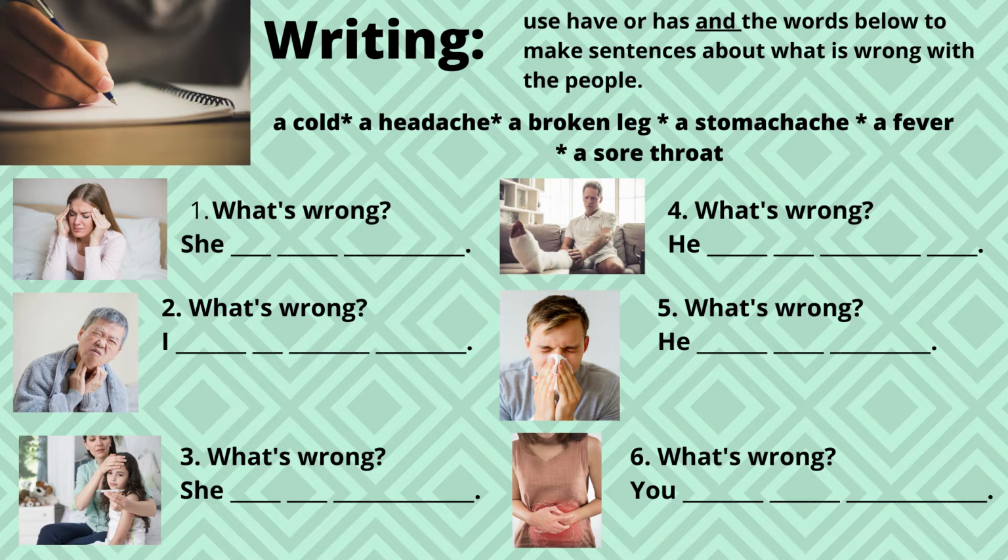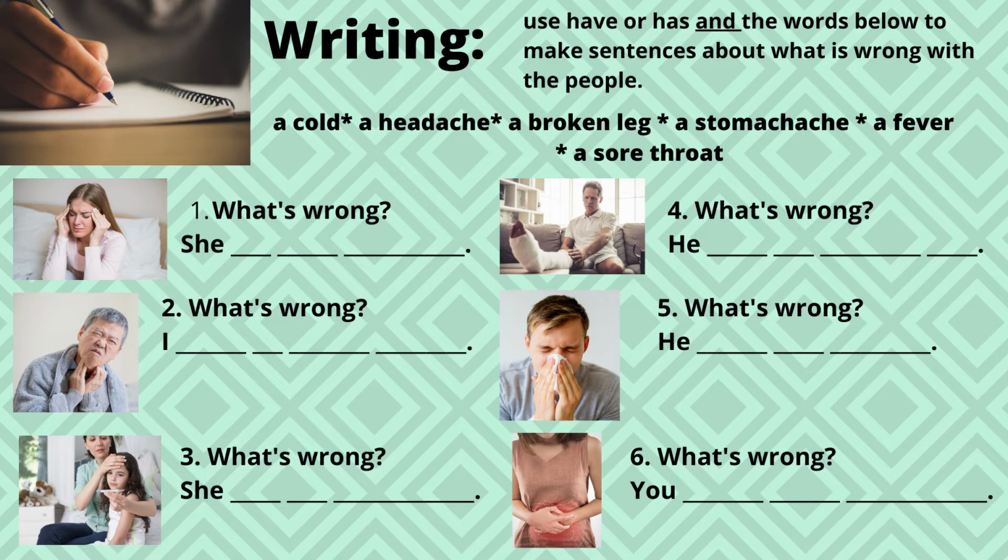The words below are the vocabulary words from our health unit. We have a cold, a headache, a broken leg, a stomachache, a fever, a sore throat. Remember to use the correct word have or has to make the sentence.